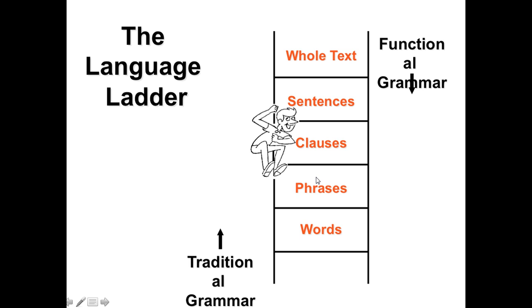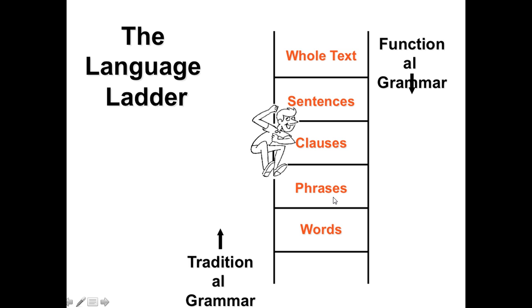For example, "in my opinion" is a prepositional phrase because it's a group that's introduced by a preposition. So I would rather use the word group here. In fact, that's what we will use. But you should know that phrases and groups are the same grammatical object looked at in different ways. And then words, and then what you have below words that isn't shown here on this slide is morphemes.